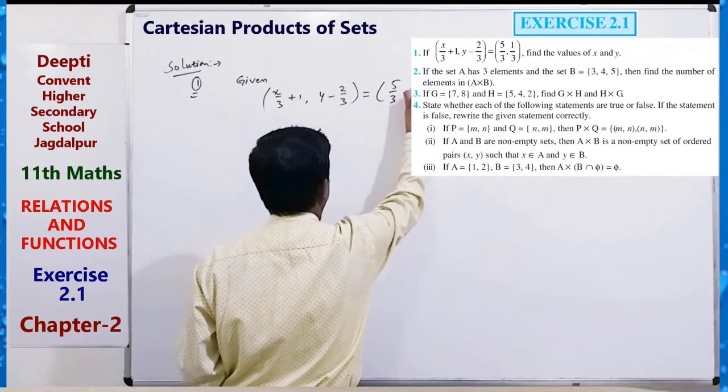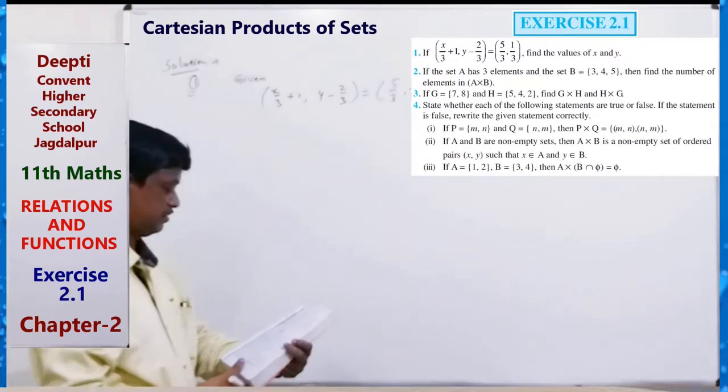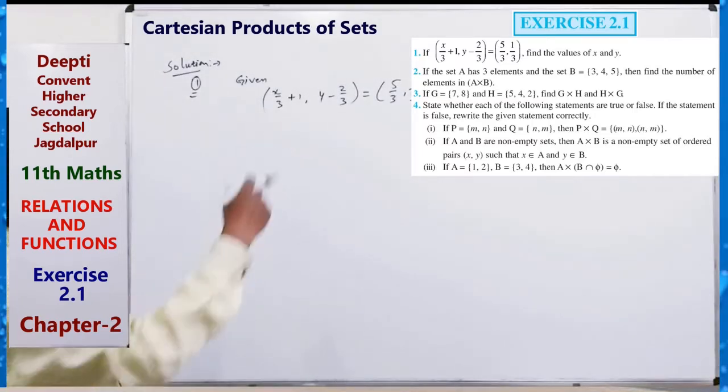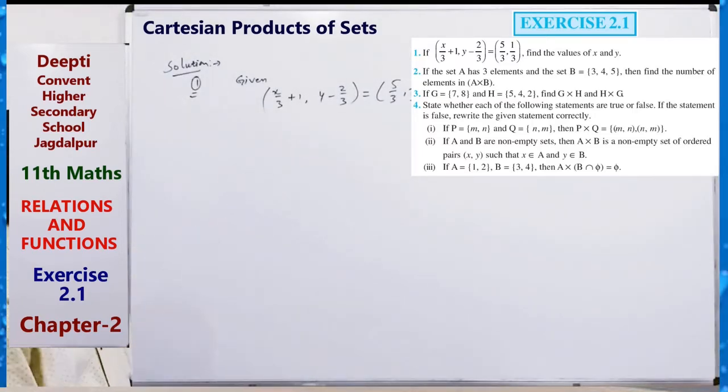Here two ordered pairs are given, and we have to find the values of x and y.